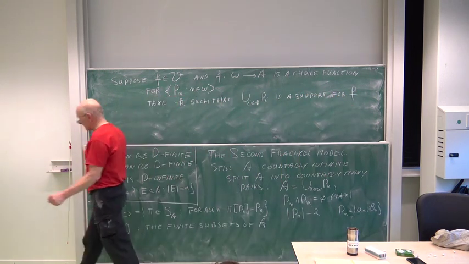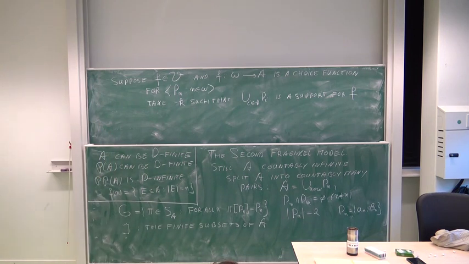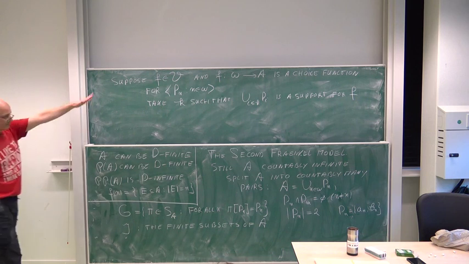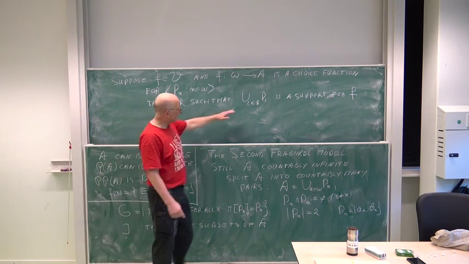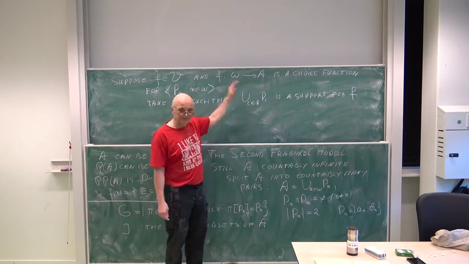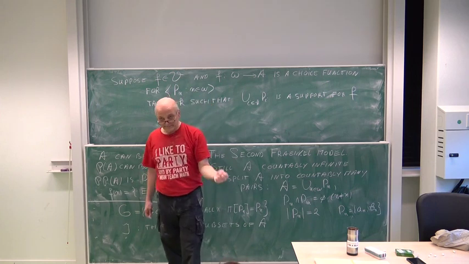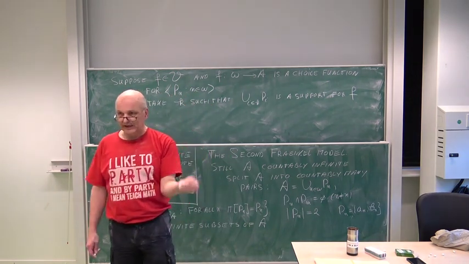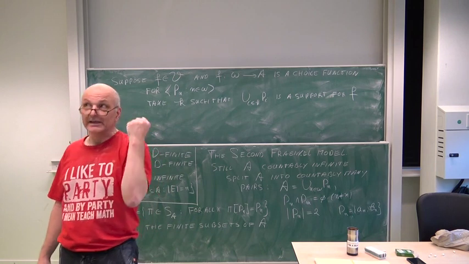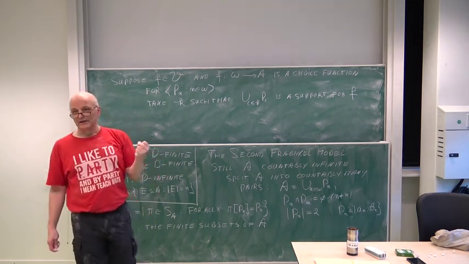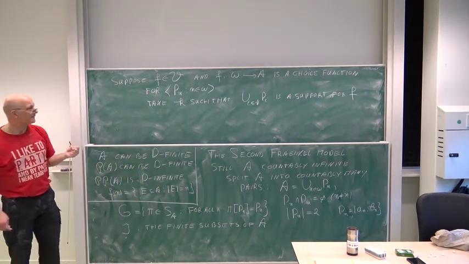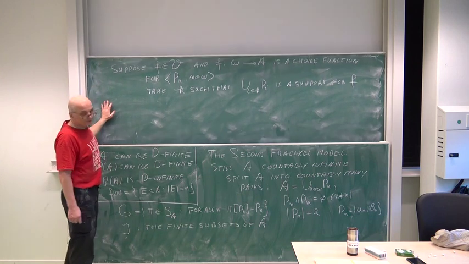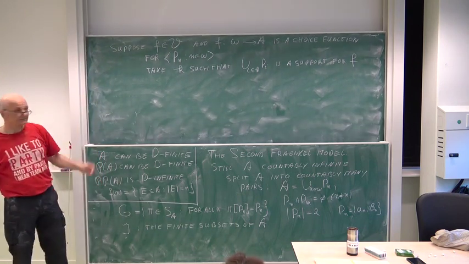So we take a support for F, so that abbreviates what I had on the board a few times. If pi fixes A_i and B_i for every i less than or equal to k, then pi also fixes F. And now, of course, we're in trouble.